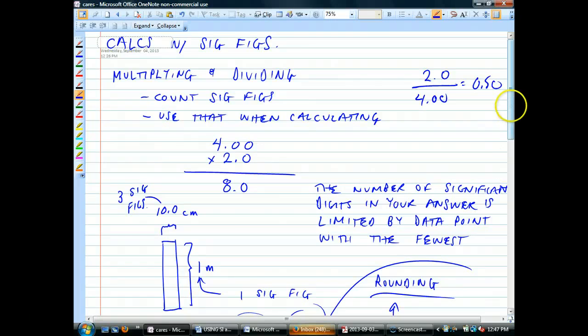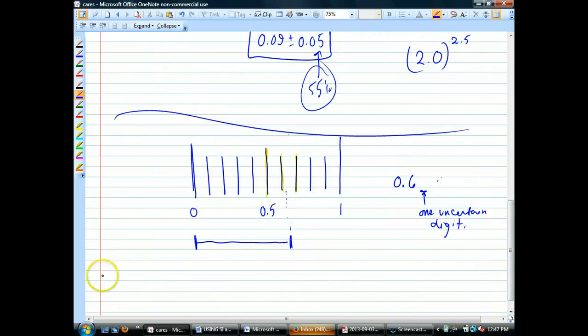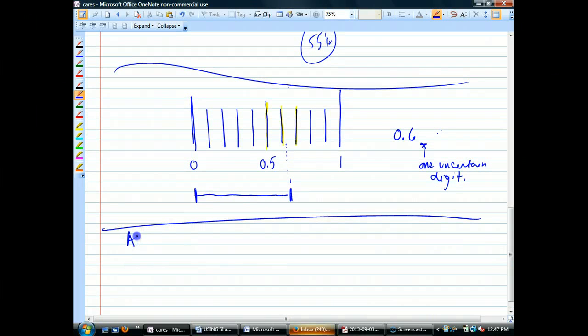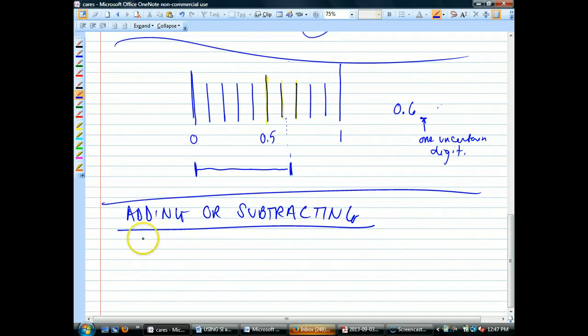So decimal places don't matter when we're multiplying and dividing. When we are adding or subtracting, different story. Here we go by decimal places, not sig figs.